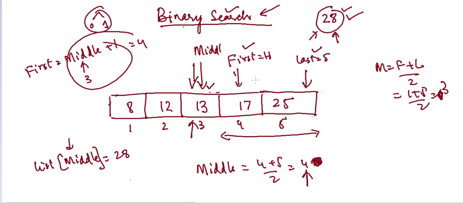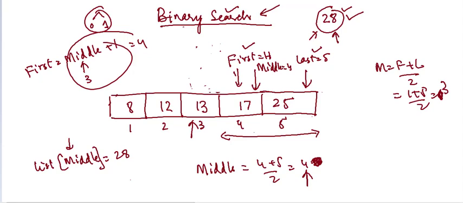So now we are going to check for 4. This was the previous middle, and now we have recalculated middle, and it's equal to 4 right now.